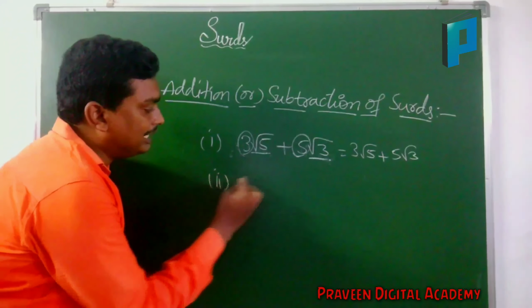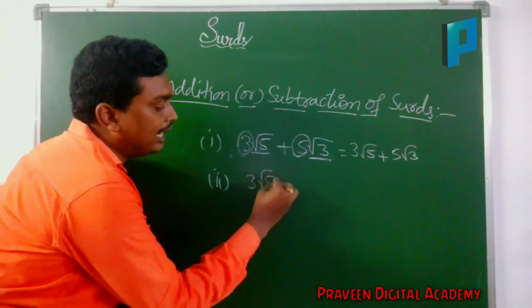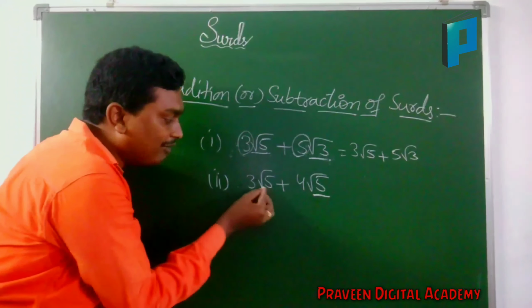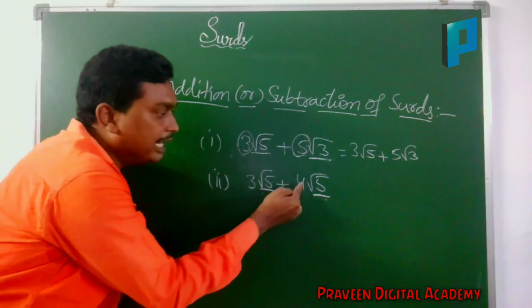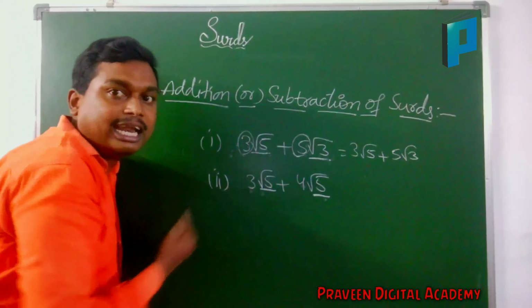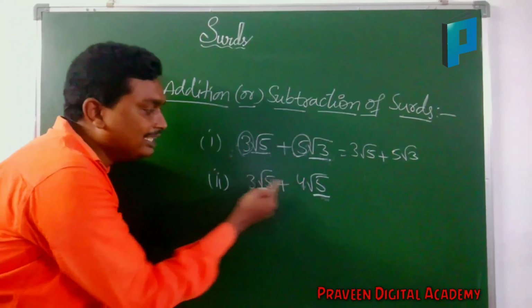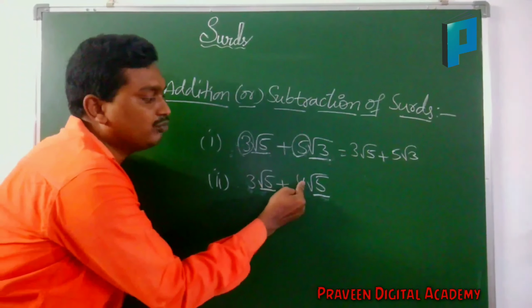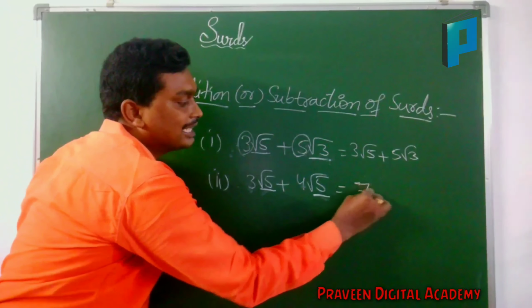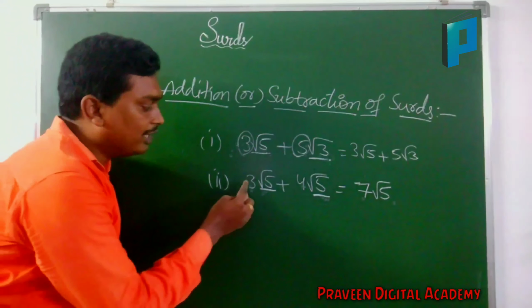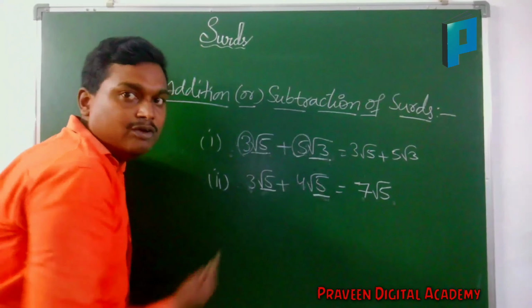If you are having 3 root 5 plus 4 root 5, the root values are the same, so we can add the rational factors. 3 plus 4, what will we get here? 7 root 5 is the answer for 3 root 5 plus 4 root 5.